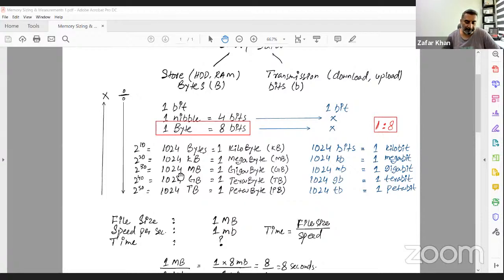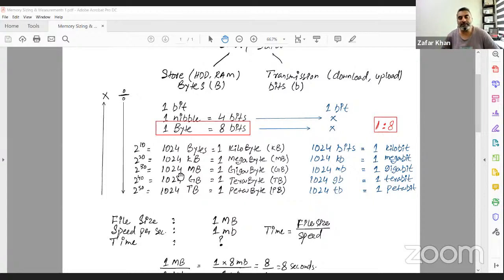Since calculators are not allowed, people find it easy to divide numbers by 1,000 rather than 1,024. But remain assured that if you do this, you will lose marks. So 1,024 is the factor. When we turn bits into bytes, we use 8 bits. When we turn bytes into kilobytes, we use 1,024, and onwards we use 1,024.